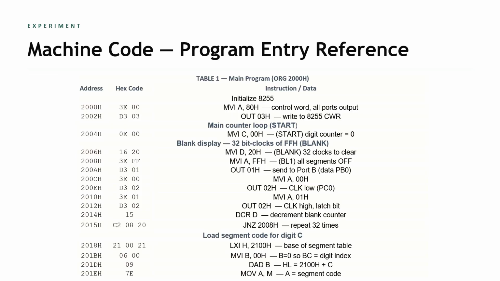From this slide onward, this shows the complete machine code table, the actual hex bytes that are entered from the trainer kit's memory. Table 1 covers the main program from addresses 2000H to 203FH.